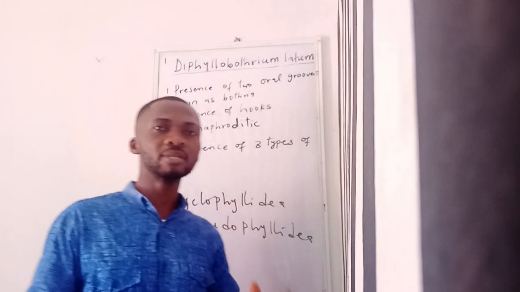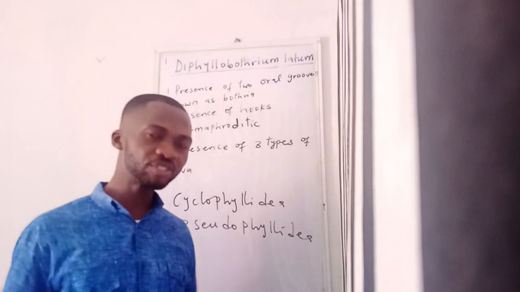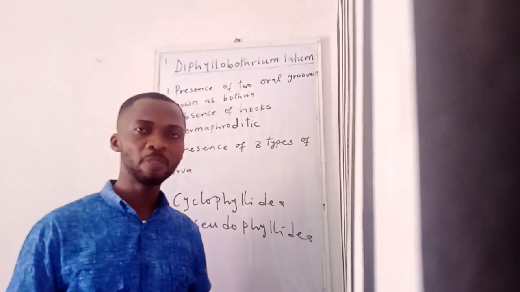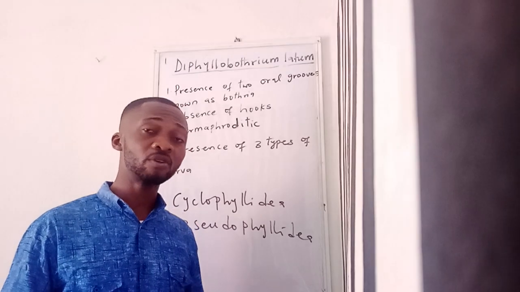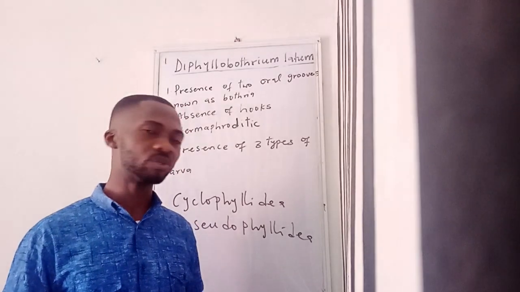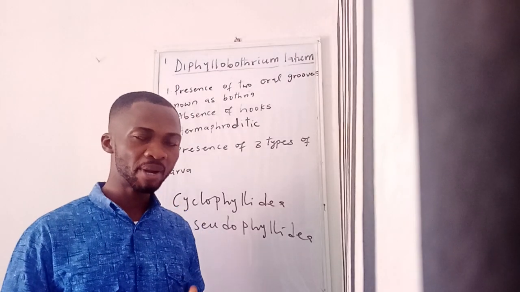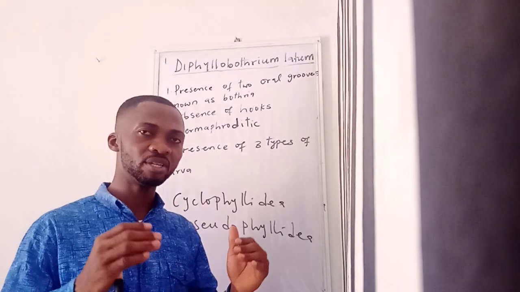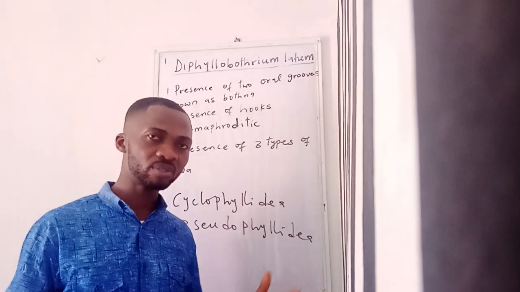Now, it's important you understand that Diphyllobothrium latum is the largest tapeworm that infects man. Man is the main definitive host, followed by other canids such as dogs and wolves.